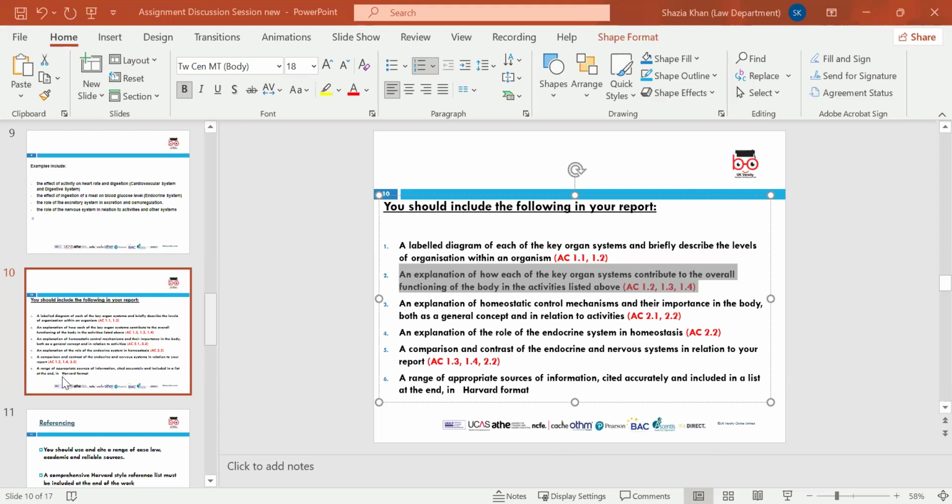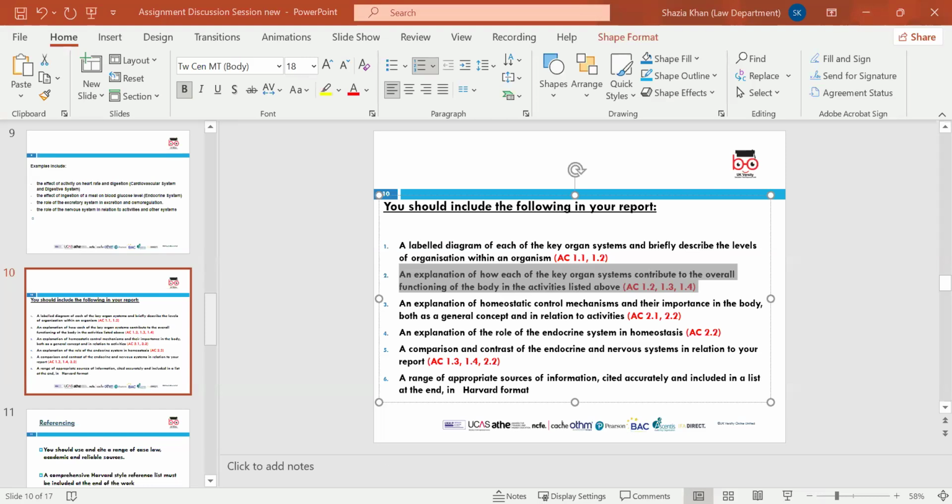You would look also at page 31, and also examples of that on page 34. Explain how the organ systems maintain the normal function. So it's literally on them slides, it tells you where you can get the answers from. So you look at AC 1.1 and 1.2 for number 1, and AC 1.1, 1.2, and 1.3 for number 2. Is that okay?